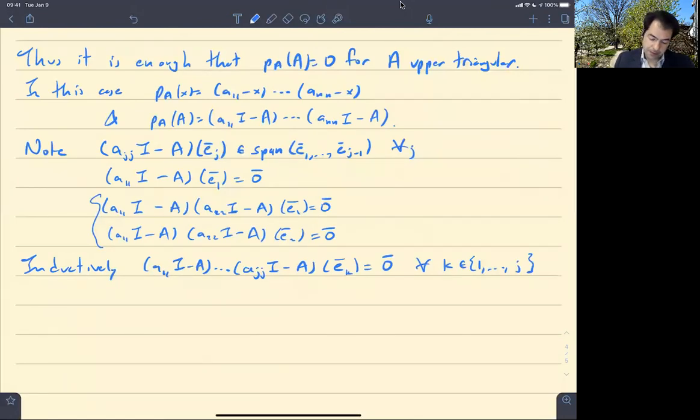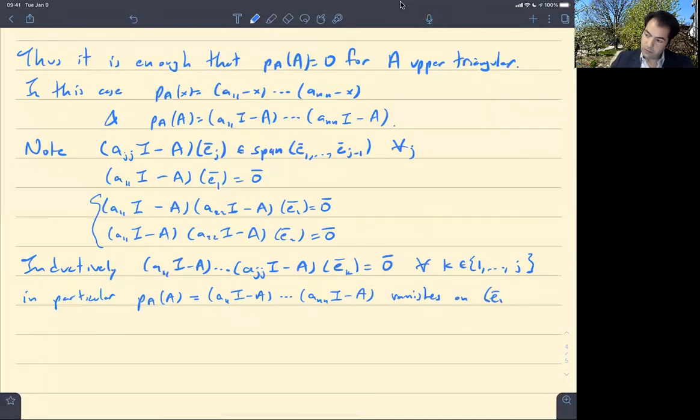In particular, P_A of A applied to EK, which is (A11 identity minus A) product through (ANN identity minus A), vanishes on all of the vectors from E1 through En, right?